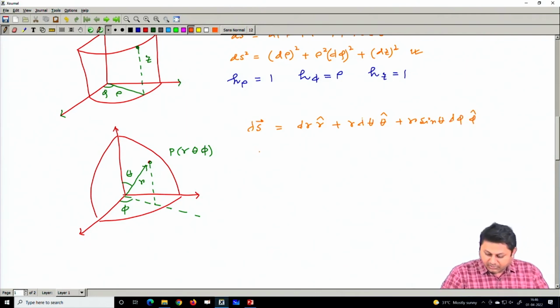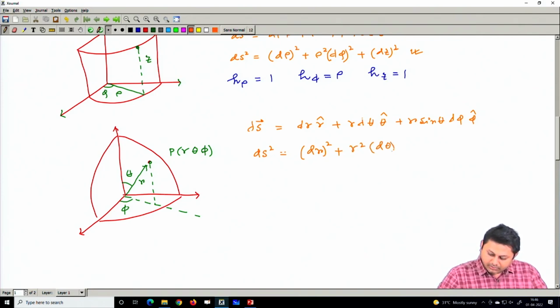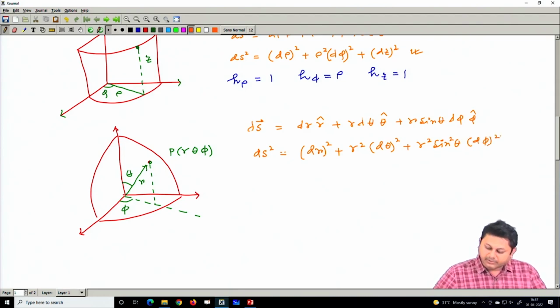Again, making a dot product, we can have ds square is equal to dr square plus r square d theta square plus r square sin square theta d phi square.